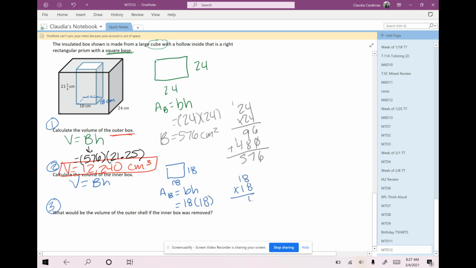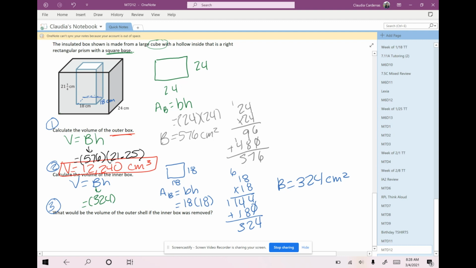So over to the side, this one won't take so long. Placeholder 8, 1, adding from right to left, 324. So the area of the base, big B, is 324 centimeters squared. So I know I can substitute that into our volume formula.